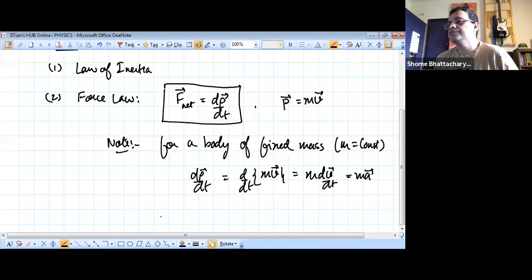So we have the net external force is equal to mass into acceleration. So this is the special case of Newton's law, or conditional statement of Newton's second law.